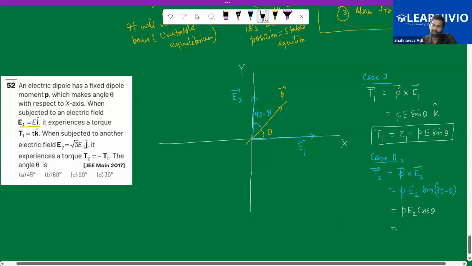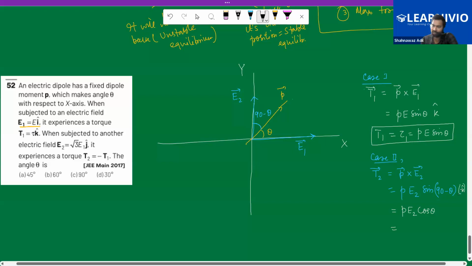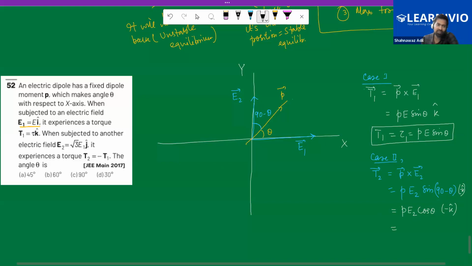We have not written the direction, but here they have already told us that T2 is minus of T1. So the direction is opposite. Let me write this as minus K. If T2 is minus T1, both the magnitudes are the same, but the direction is opposite. If two vectors are equal, then their direction and magnitude should be equal.